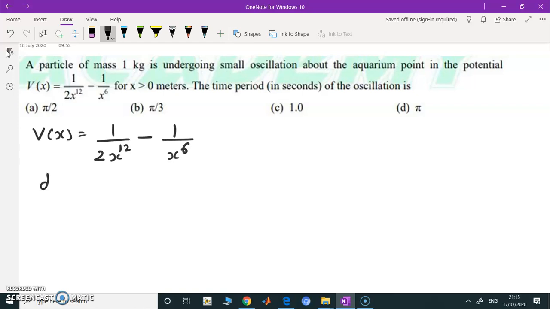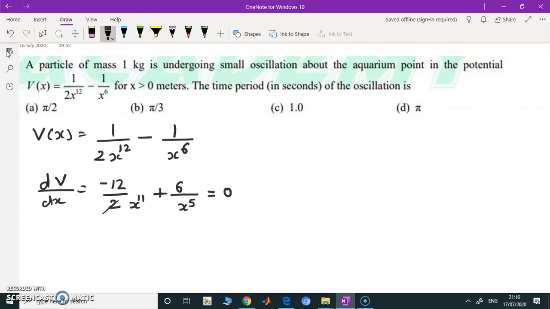Next job is doing the first derivative and setting it equal to 0. If we do the derivative, it will be minus 12/2 x^11, and plus, because this goes to the denominator, 6/x^5, and this is equal to 0.